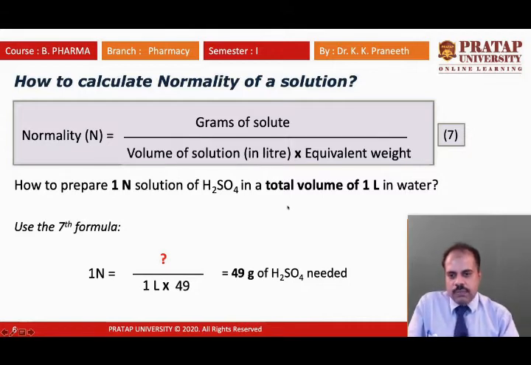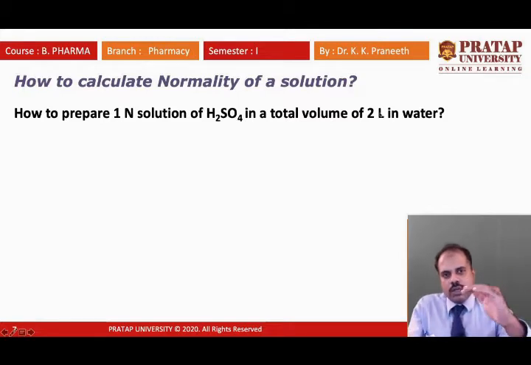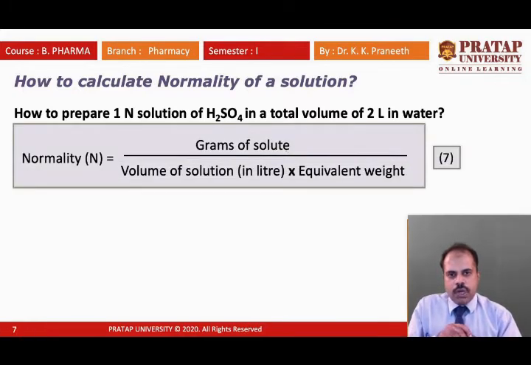So let's say we simply change some numbers and see another example of how to make another solution. How to prepare a 1 normal solution of sulfuric acid? But here the total volume given is 2 liters. Previously it was 1 liter, so now 2 liters. So what to do? How to make this solution in 2 liters? Let's see. The same formula, formula number 7, can be applied.